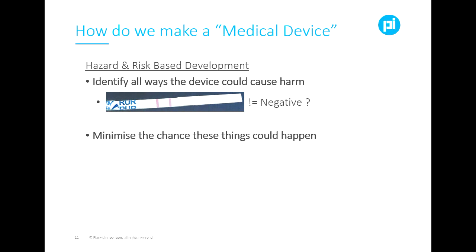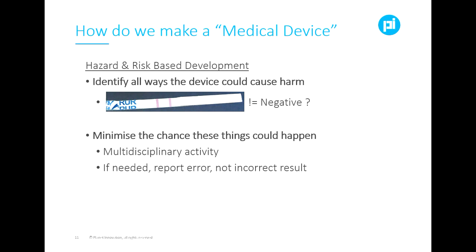So everything to do with the development process is designed to minimise any chance of that happening. And that covers all disciplines of the development process, from mechanical, electronic, systems and software, right through. There's a prescribed process to help it. And everything boils down to making sure that anything that could potentially go wrong in the device is reported as an error, not an invalid result, just so that we can be absolutely certain we're not going to cause any harm.